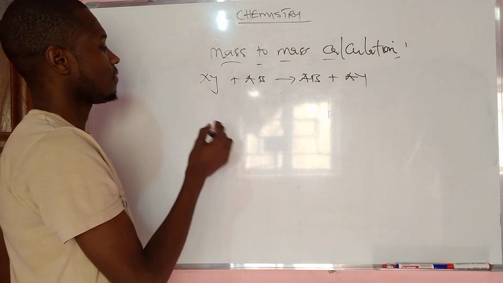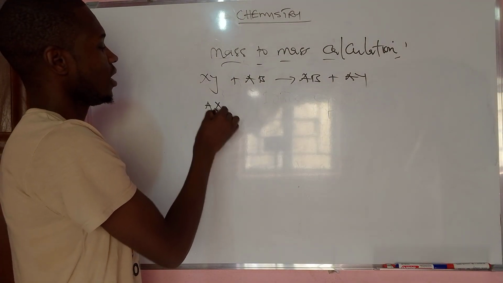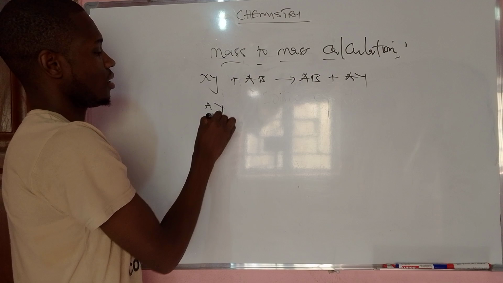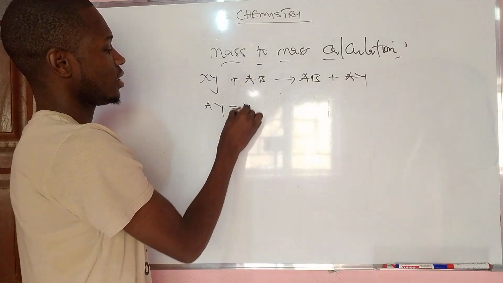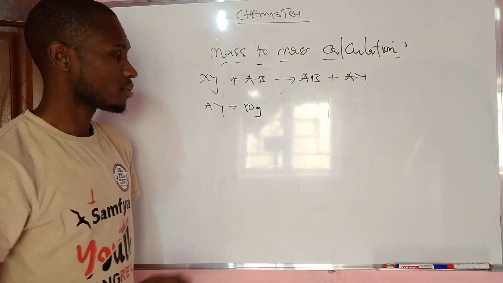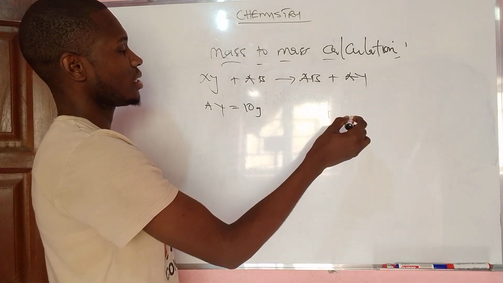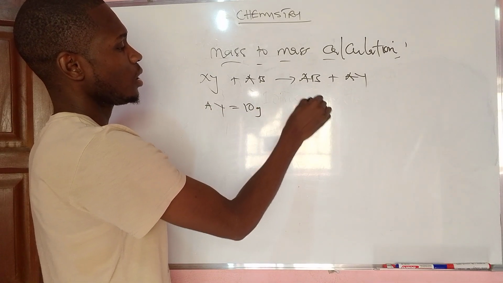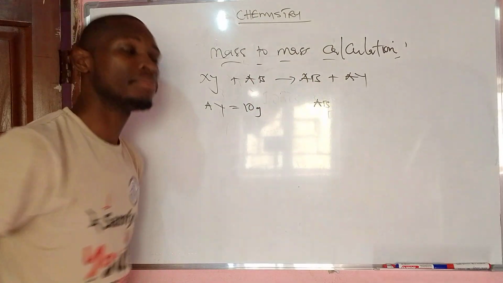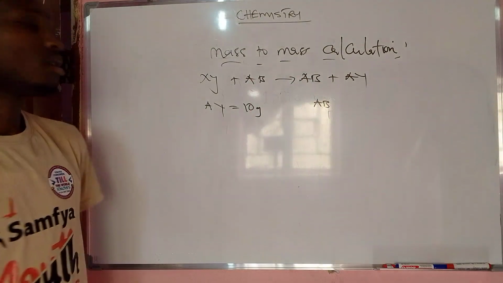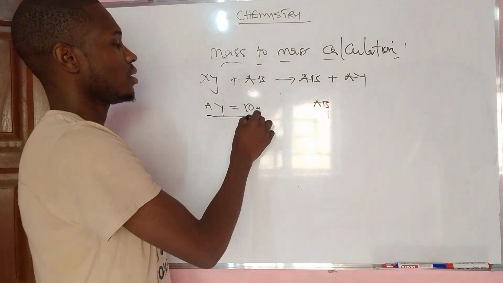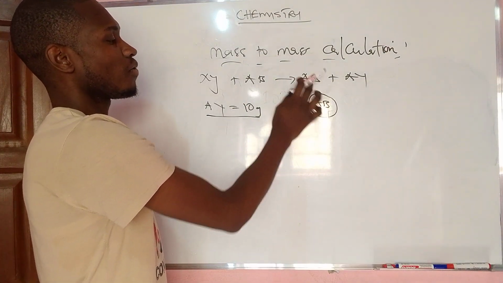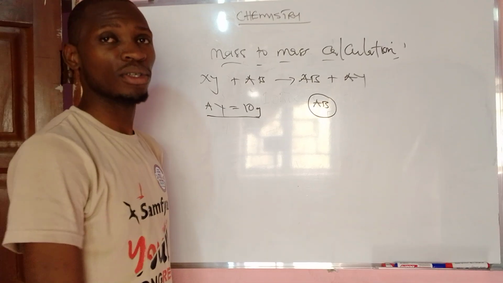Now, if, for example, AY has 10 grams, how much mass will these 10 grams produce in AB? That is mass to mass. So we have been given the mass on the reactant, and I want to know the mass of the product which has been produced.